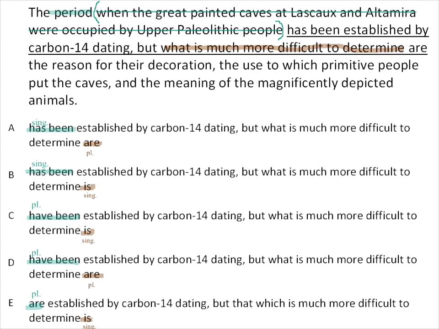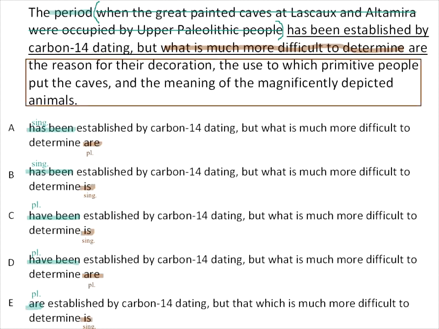Okay, a couple of notes here, by the way. The first note is that you cannot separate out the reason for their decoration from those other things. Okay, if you have a list, this is a list. Okay, bear with me. I'm going to make this outline work here. Okay, let's cover that up.